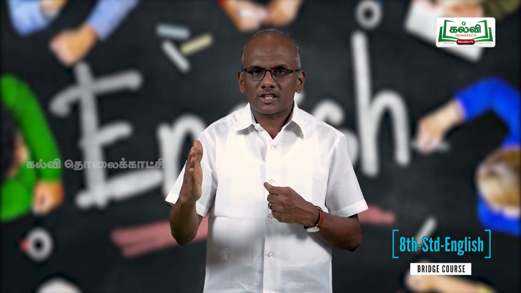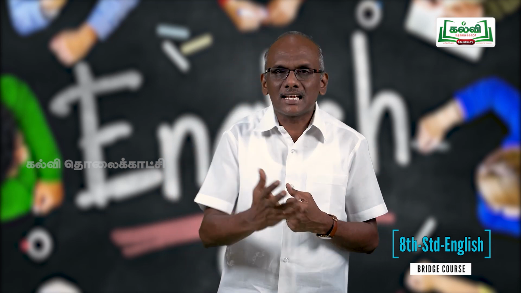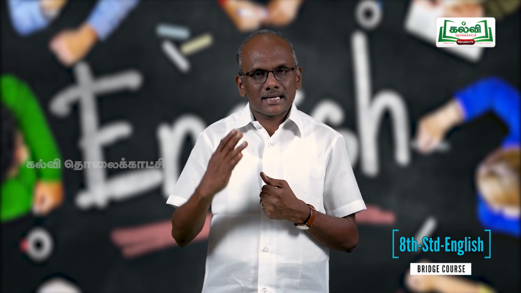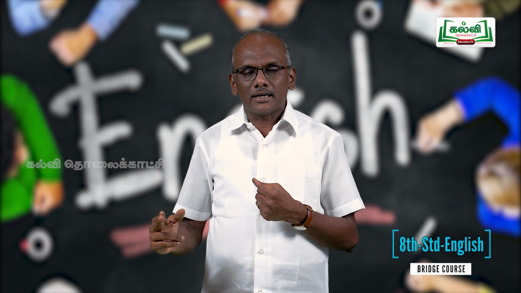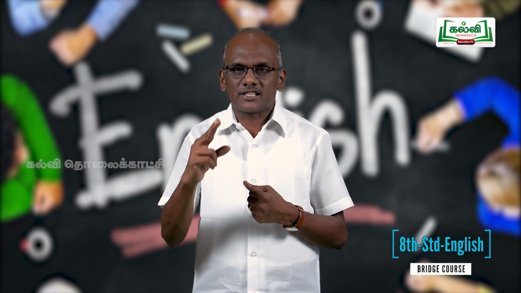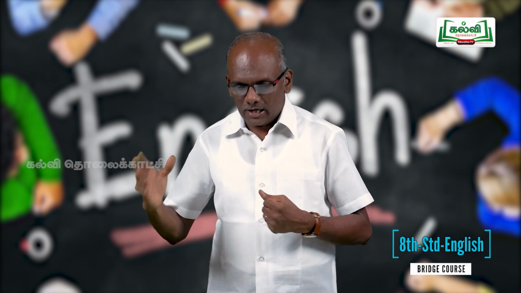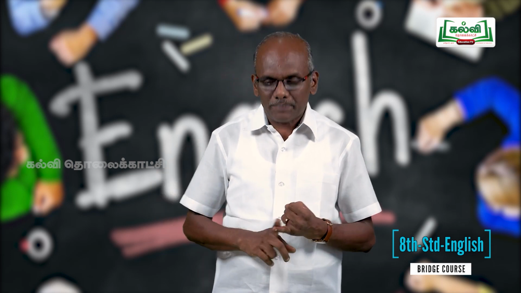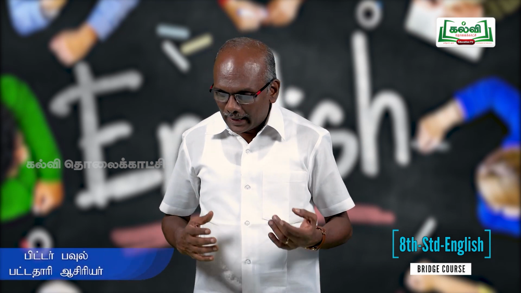L-E, before that consonant, and there we divide. And then little, L-I-T-T-L-E. L-E is at the end of the word, before that consonant T, and we divide it there. So, little. Like that, simple, dimple, double and kettle.